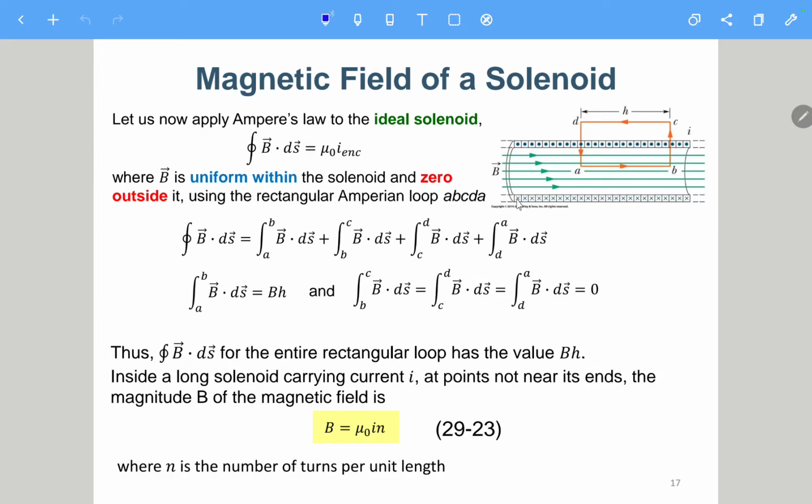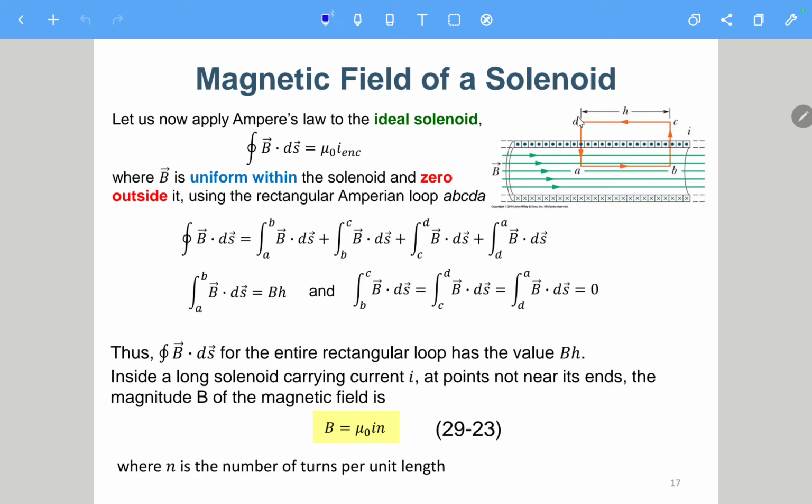The field lines go from here to here, and then to the next one, and so on until the end. Here we define an Ampere loop, an Ampere loop which is not a circle. This is an exceptional case. This is a rectangle.